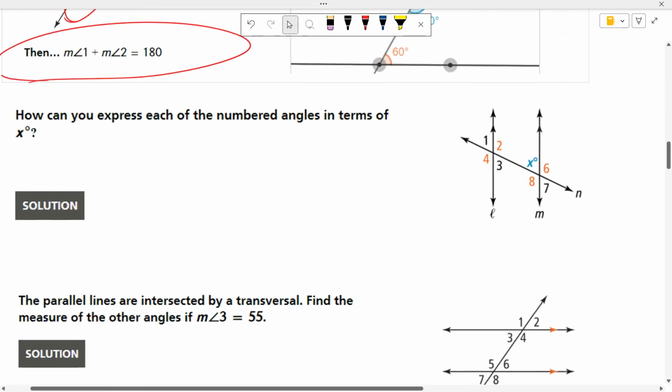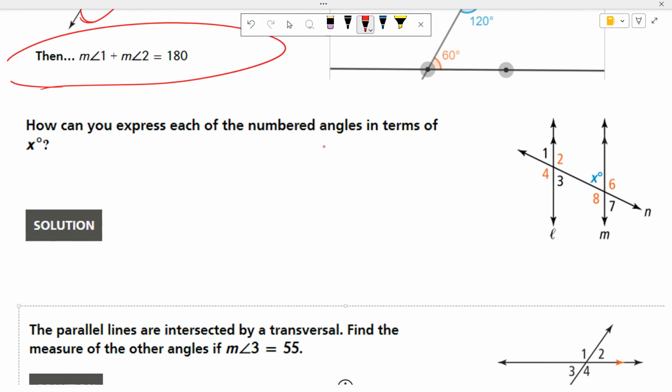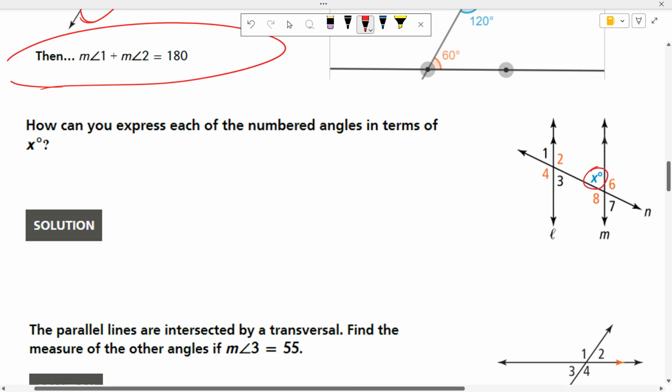Okay, so looking at this, which ones are the same size as X? I want the same size. There are 3 of them that are the same size as X. Which are those 3?